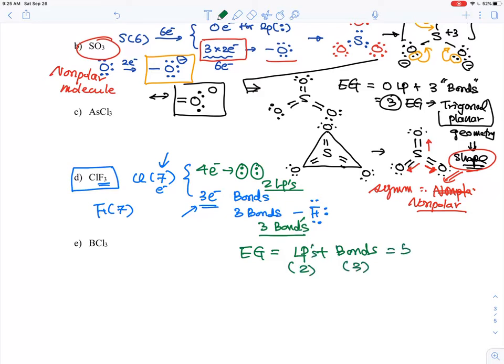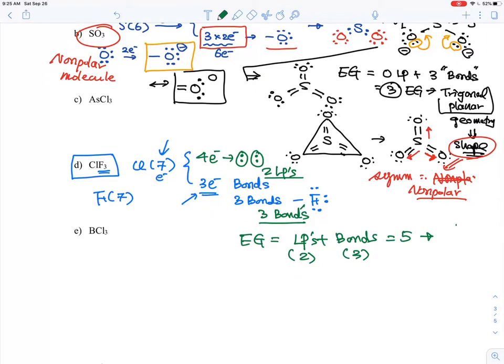So therefore 5 EG, and 5 EG means you have a triangle, and there is one at the top, and there is one at the bottom, right? So this is 1, 2, 3, 4, 5, and this is where your central atom is located.